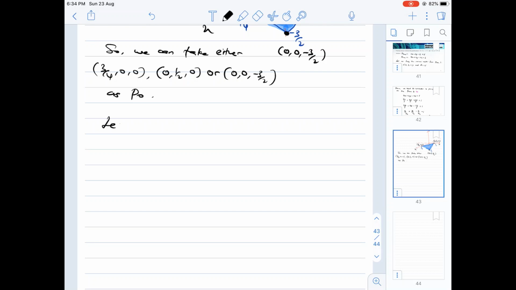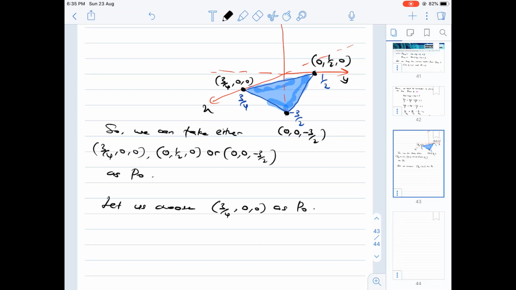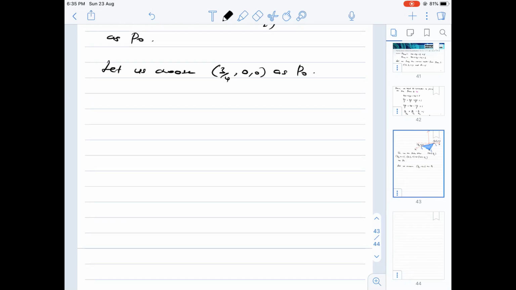Let us choose 3 over 4, 0, 0 as P naught. Don't worry, if you choose 0, 1 over 2, 0 or 0, 0, negative 3 over 2, you still get the same answer, because the distance between the first plane and the second plane should be the same, no matter which point you take to calculate the distance.